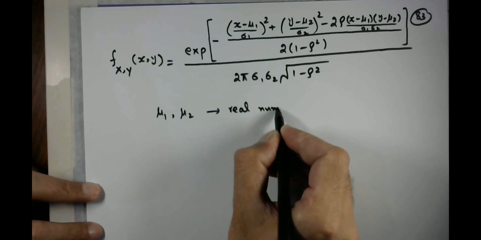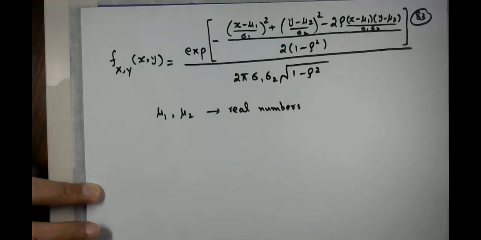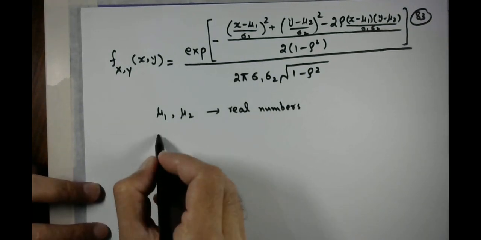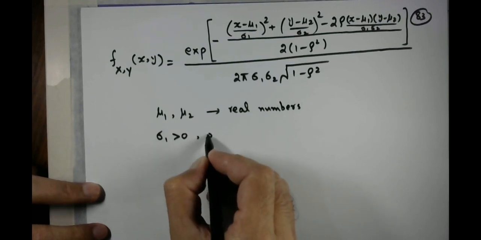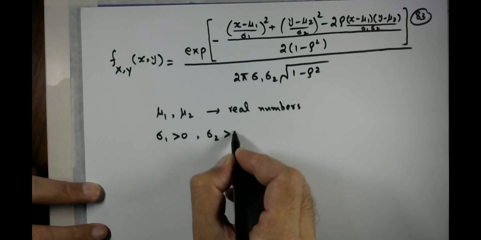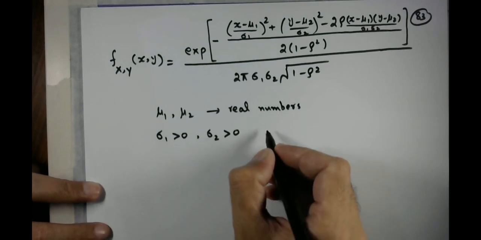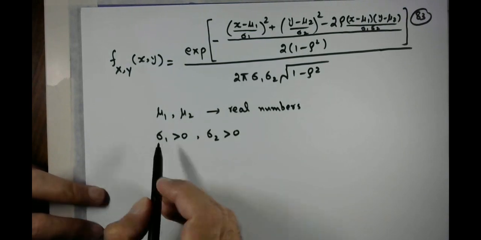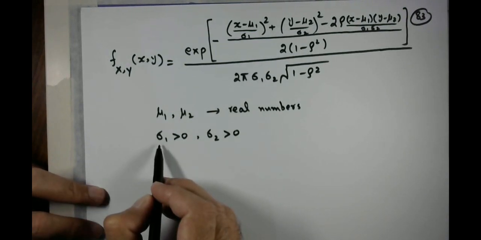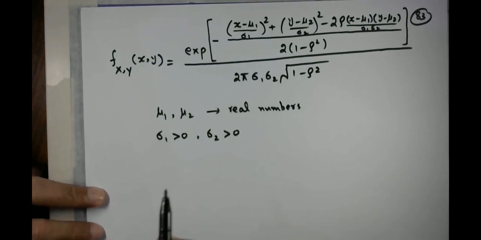These two are real numbers. The other parameters are sigma 1, which has to be greater than 0, and sigma 2, which also has to be greater than 0, and these are obviously the standard deviations of random variable x and random variable y.